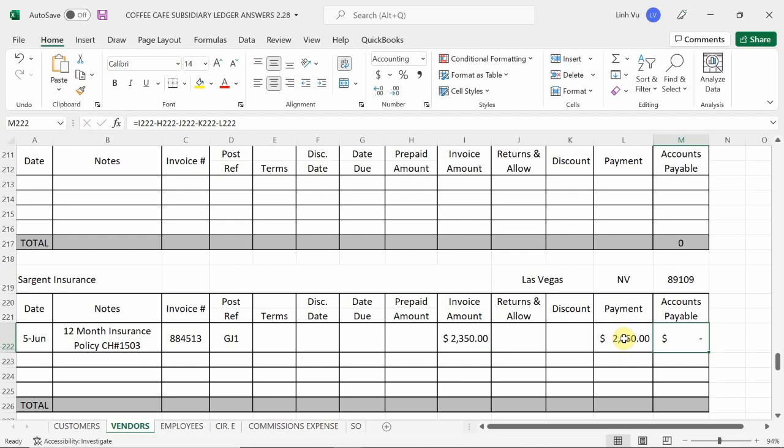Okay? So in this case, I owe $2,350, but I paid it using check number 1503. Okay, so I don't owe Sergeant Insurance anything, but they owe me service now, because I bought a 12-month insurance plan. That means I should be protected for a whole year.